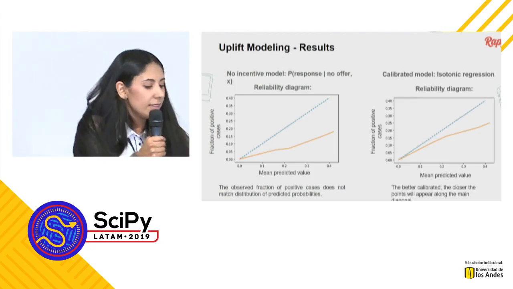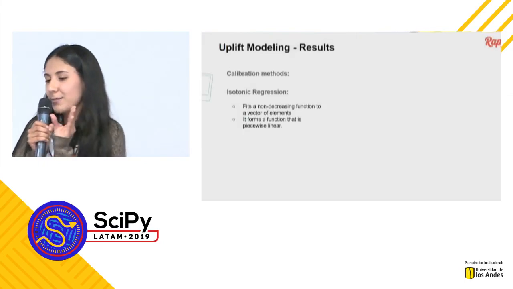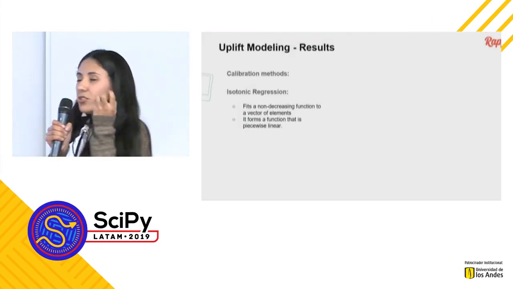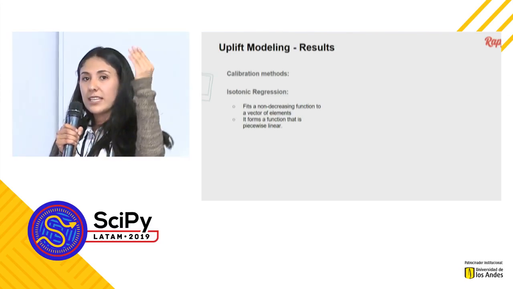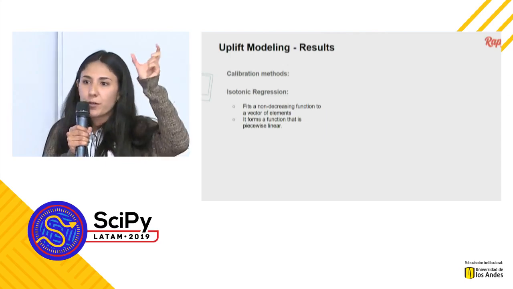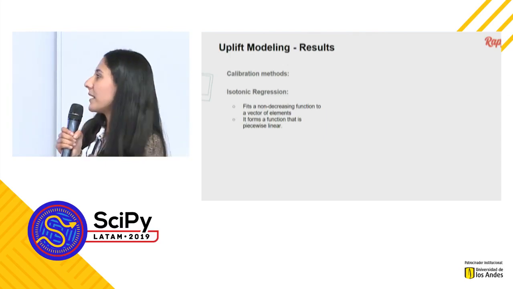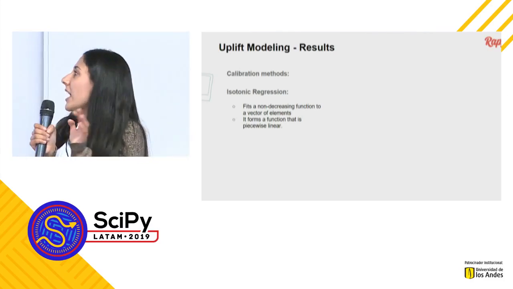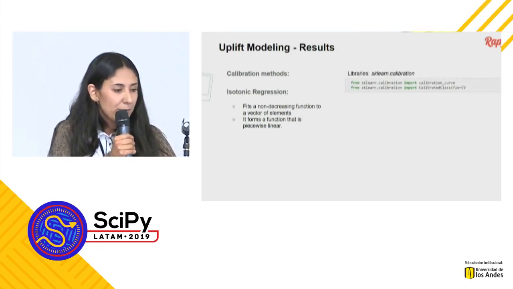Let me explain a little bit more about isotonic regression. What this method does is fitting a non-decreasing function to a sequence of observations. It's a free-form function, not restricted to a type of functions. The only condition is that it's non-decreasing. We did this with the calibration library of sklearn.